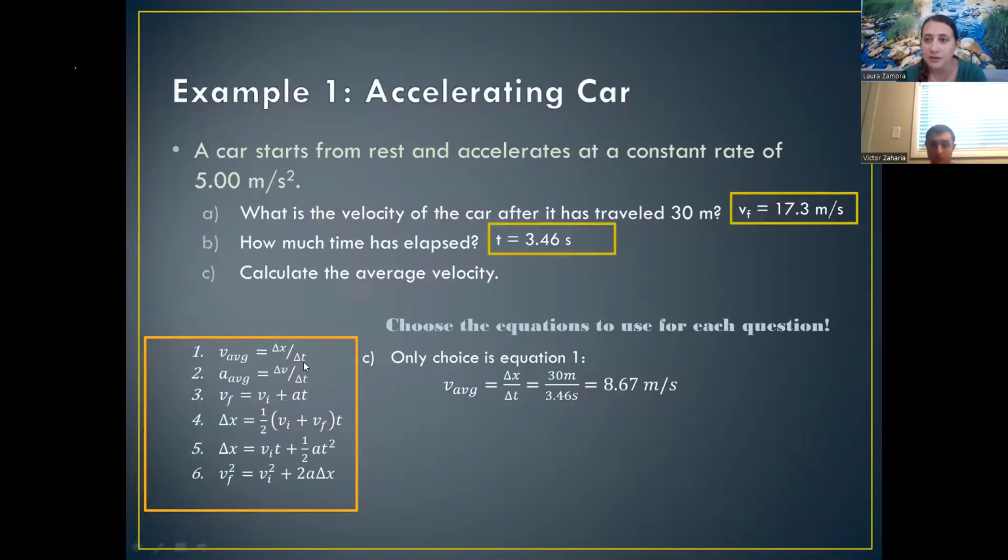We know the change in position from part A. We just calculated the change in time, because we're going to assume that we start the stopwatch as soon as the car starts moving. So initial time is 0, final time is 3.46 seconds. That gives us a change in time of 3.46 seconds. That's our time interval. So that will give us an average velocity of 8.67 meters per second.